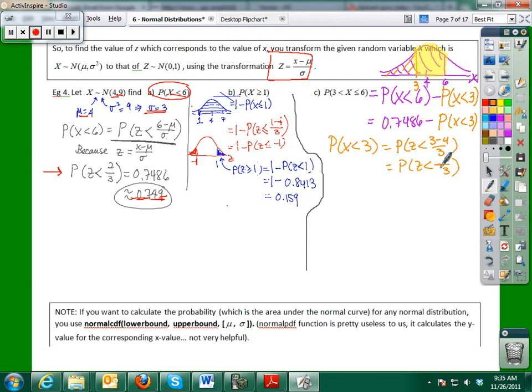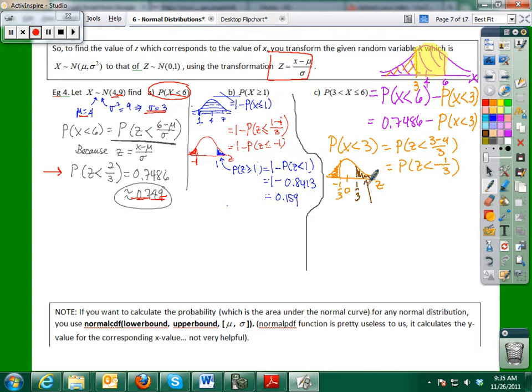So again, I have this issue of that negative value. So here's 0, negative 1/3. Without even looking at my z-table, I know that that's going to cause some problems because my z-table only deals with positive z values. So by symmetry, I know that this area here is exactly the same as if I looked to the right.